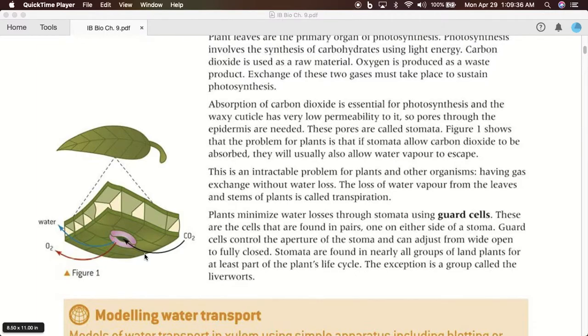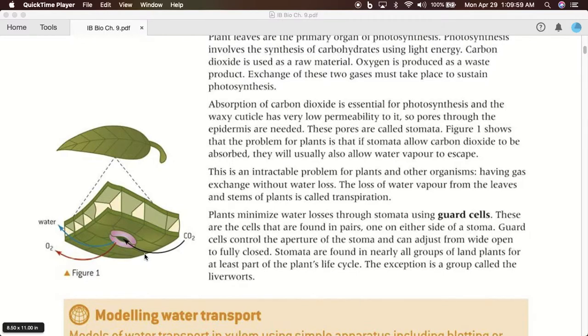So basically, guard cells are going to regulate how much gas exchange can occur based on how much water the plant has. When there's plenty of water, the guard cells swell and the stoma open, and CO2 is allowed in and oxygen is allowed out.